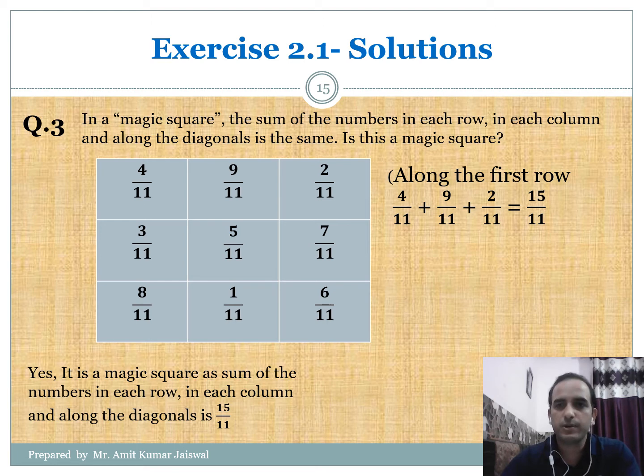So along the first row, the sum of the values or fractions given here is 15 upon 11, and we see that the sum along all the columns, each row and both diagonals is 15 upon 11. So here we say that this is a magic square because the sum is the same along each row, each column and each diagonal. So this is what you need to do in question number 3.